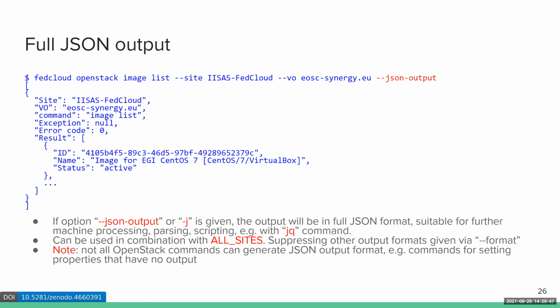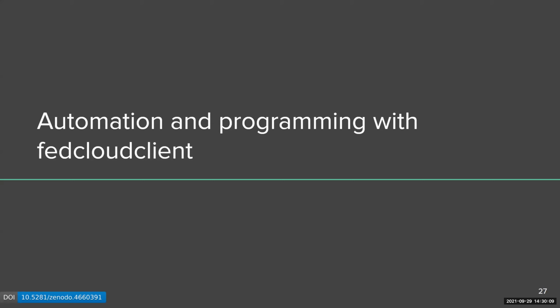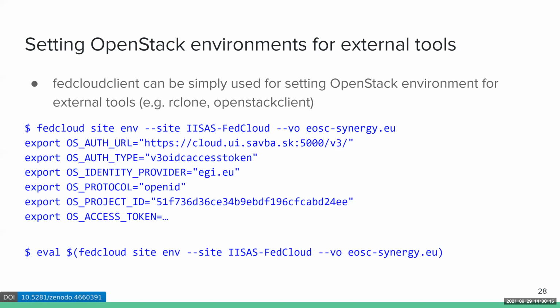And you can make the output from FedCloud commands in JSON format. And with this JSON format, you can do further processing via scripting, for example with the jq command. So for example, you can make some automation and programming with FedCloud.